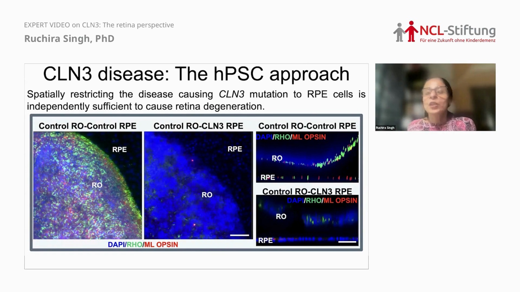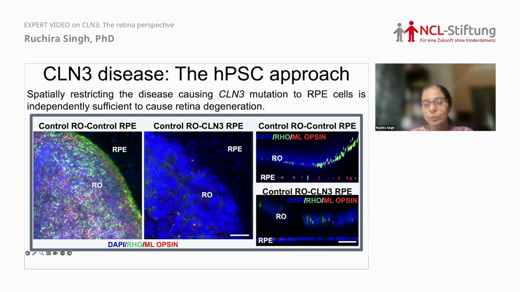However, now if you restrict the CLN3 mutation to the RPE layer, that is independently sufficient to lead to photoreceptor retina degeneration in the CLN3 disease. So if you look here, this is a control retina organoid cultured with a control RPE, and you can see abundant photoreceptor outer segments, rhodopsin positive and opsin positive, so both rods and cones.